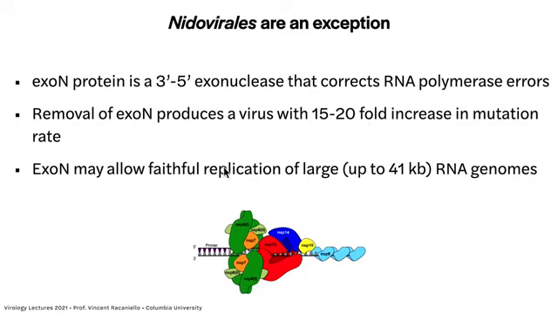What's the reason that Nidovirales, and coronaviruses are a subfamily in the Nidovirales, okay? This may allow faithful replication of large genomes. I told you that the genomes of Nidovirales can be up to 41,000 bases. That's huge for RNA, the biggest RNA genomes. And that's probably because they have an error-correcting mechanism. Otherwise, with such large genomes, you would have too many errors to sustain them. Just think of this.